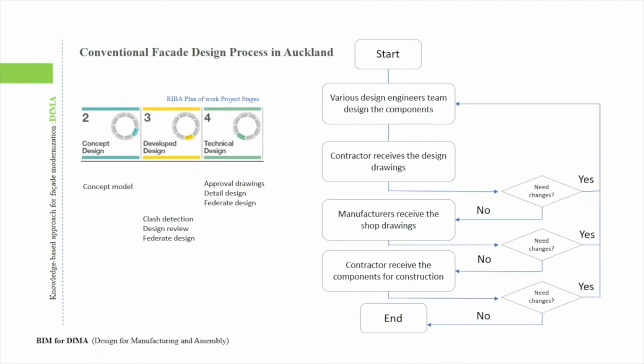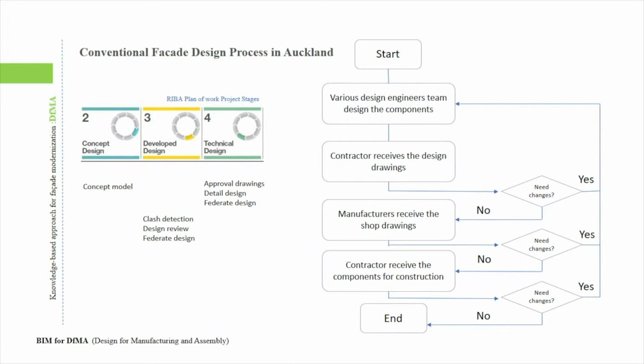A conventional facade design, based on the information that I gathered so far by interviewing industry experts in Auckland, where the dominant system of design is design build. This diagram shows this conventional process.